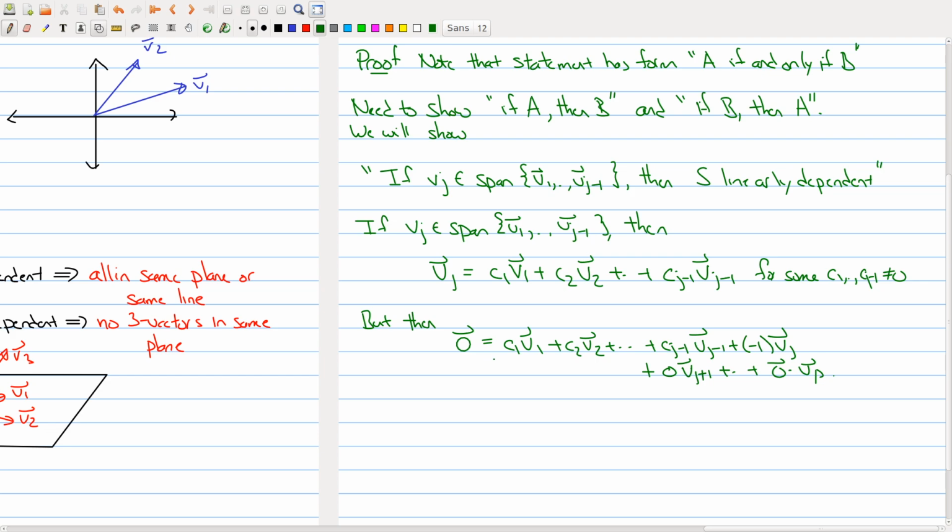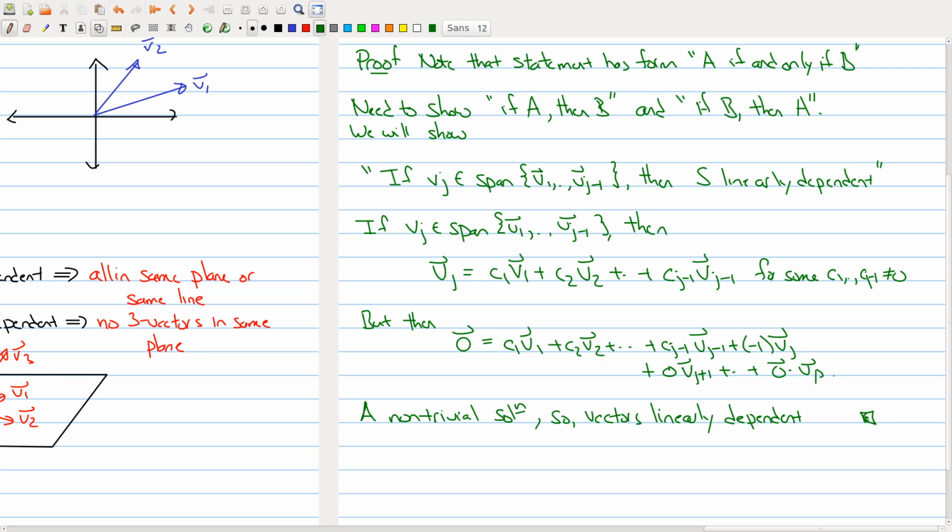And what we have here is we've written 0 as a combination of my vectors v1 through vp. The coefficient of this particular vector is minus 1, so we have a non-trivial solution. A non-trivial solution, so the vectors are linearly dependent.